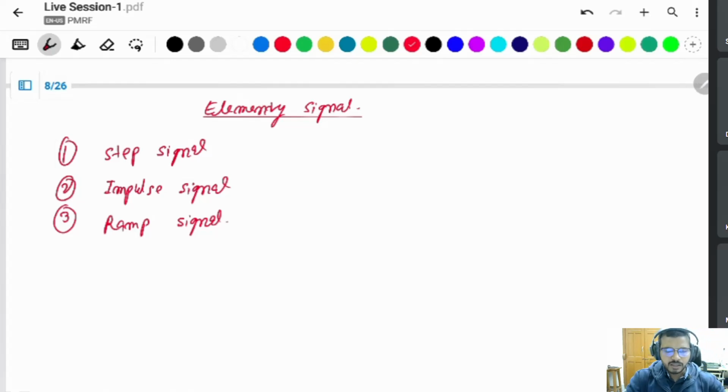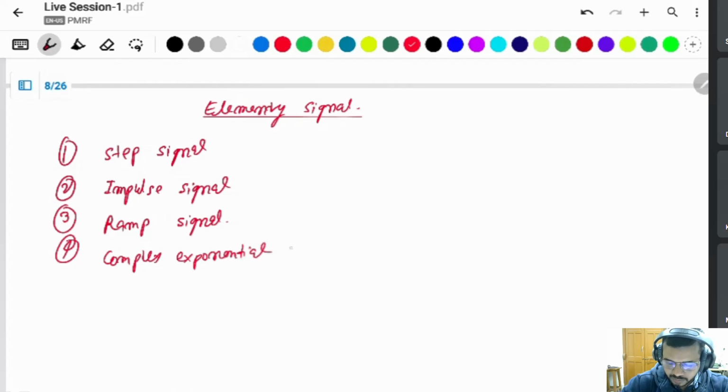You can add other signals also: exponential signal, complex signal, same thing like a sinusoidal signal.